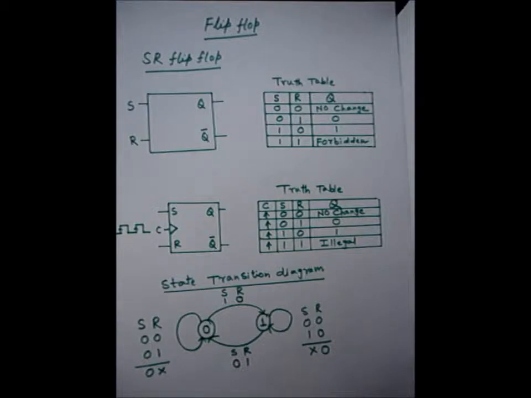In the case of a flip-flop also, it has two states, 0 or 1, but these are stable, not unstable. Because of its stability, a flip-flop can be used to store 1-bit binary numbers. That means it can store either 0 or 1.